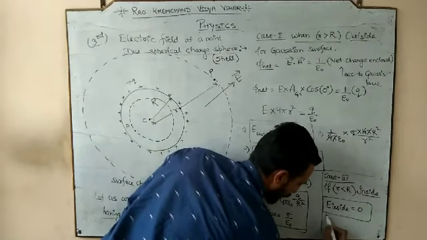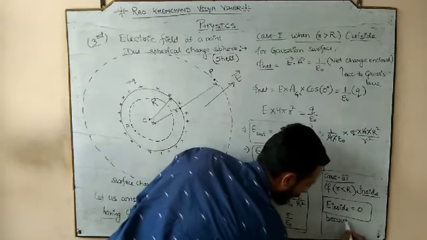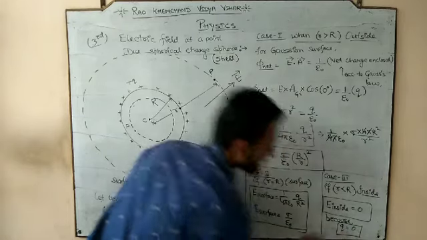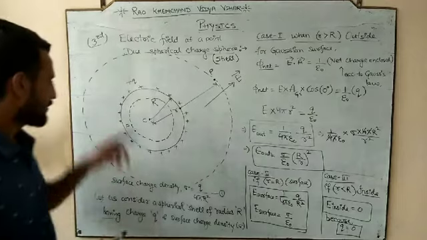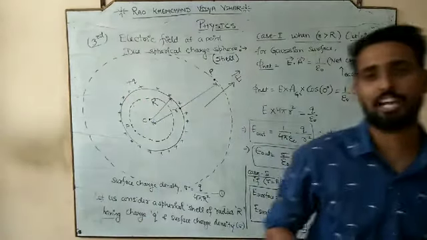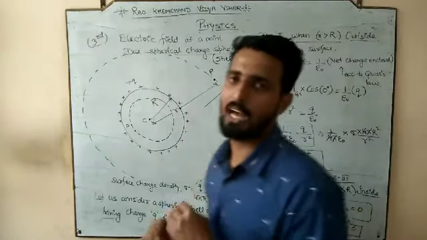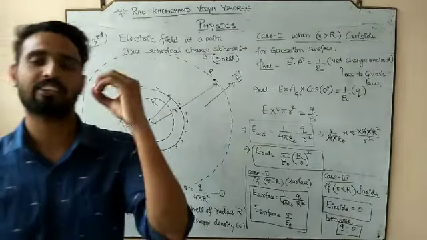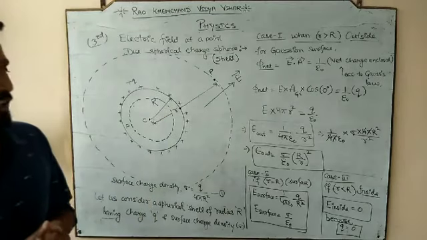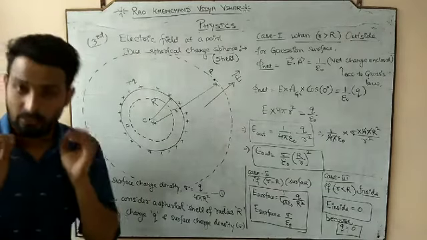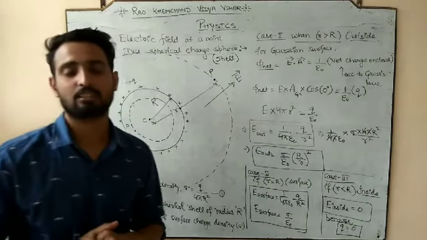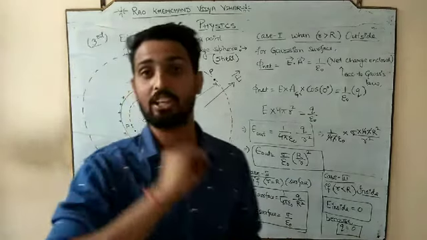So what would be the reason that you will give? Because charge enclosed is 0. For the third case, when you are inside the spherical shell, the charge enclosed by the Gaussian surface is 0. And if the charge enclosed by the Gaussian surface is 0, it implies that the electric field inside the spherical shell is 0.